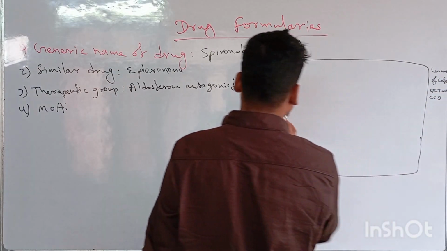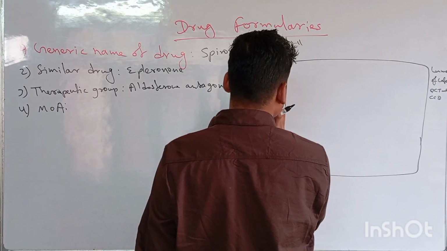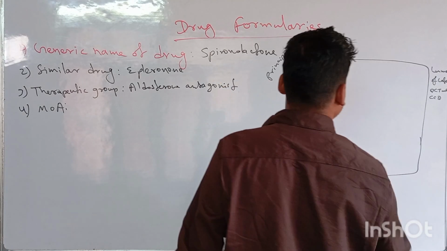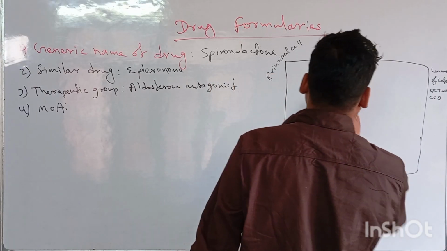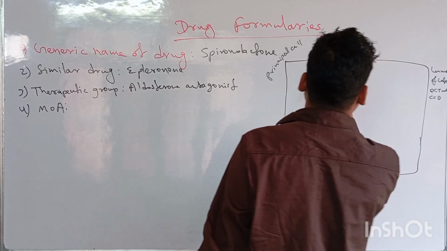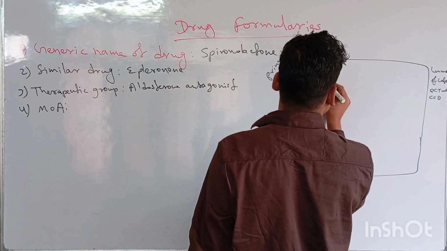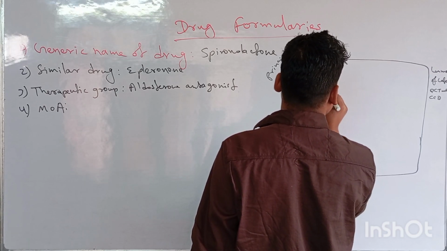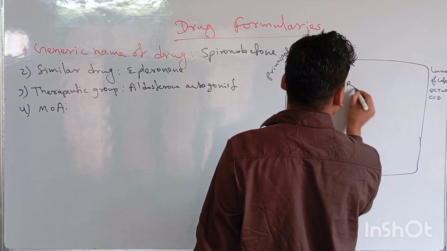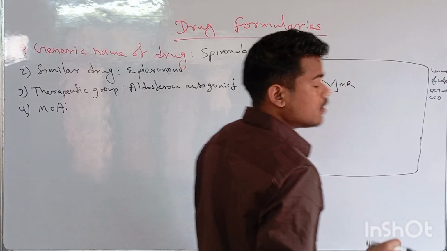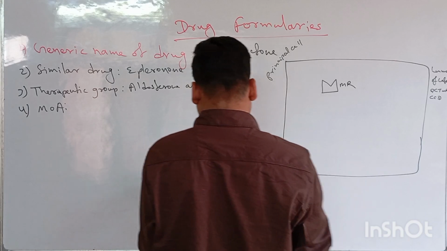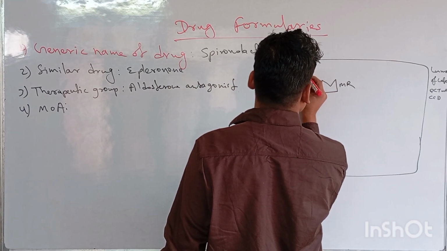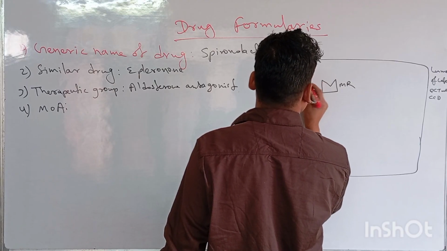So this is the lumen. This will be the basal membrane and lateral, so basolateral membrane. Here, in this cell, there is a receptor called the mineralocorticoid receptor, MR, and let's suppose this is aldosterone.